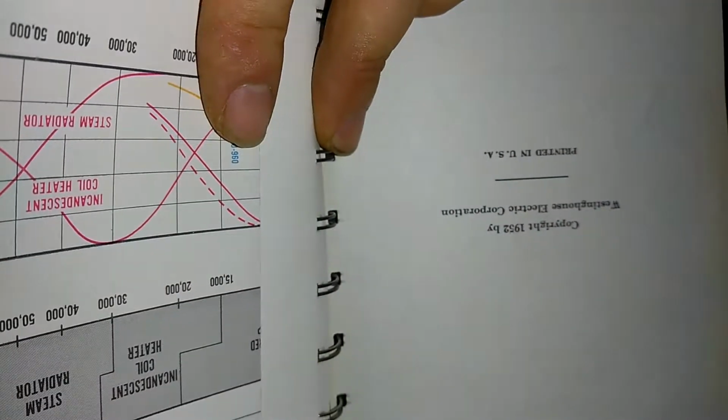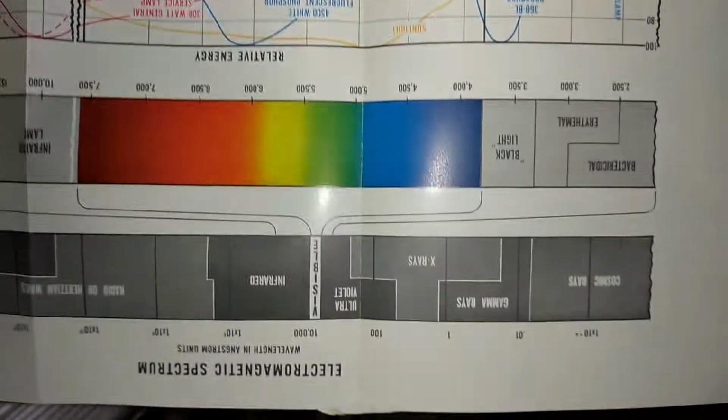So here in the Westinghouse Lighting Handbook from the 1950s, 1952, it's got cosmic rays in here. Bam. Cosmic rays.